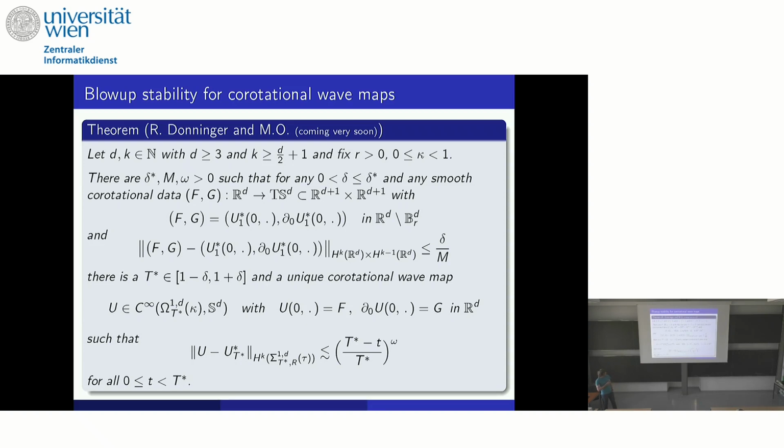Then we prove the existence of some constants so that any smooth corotational initial data f and g, which outside of this ball of radius r coincide with the blow-up solution that blows up at time equals 1, and inside this ball satisfy a smallness condition in a Sobolev norm, so that the whole Sobolev norm of the initial data compared to the blow-up is small, then we infer a blow-up time close to 1, close to the blow-up time where we perturb, and a unique corotational wave map.